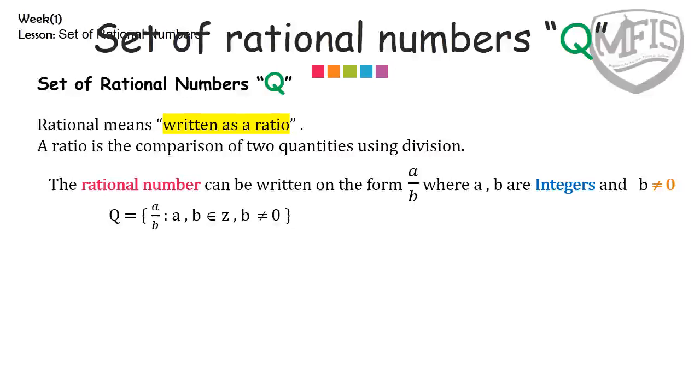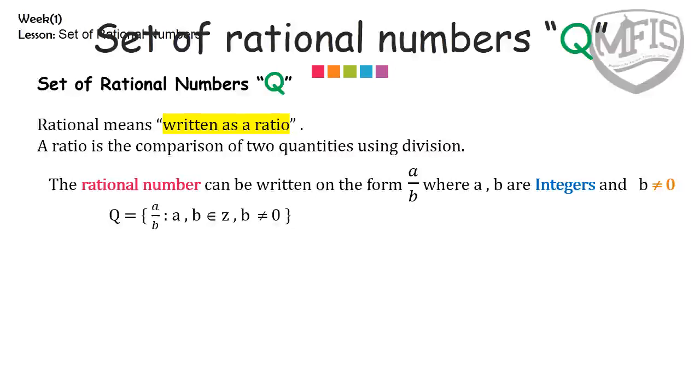A ratio is the comparison of two quantities using division. Also, the Q comes from quotient, and the quotient is the result of division. So a rational number is any number I can put in the form a over b, where a and b are integers and b doesn't equal 0.